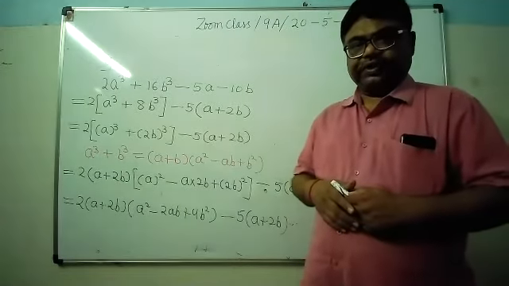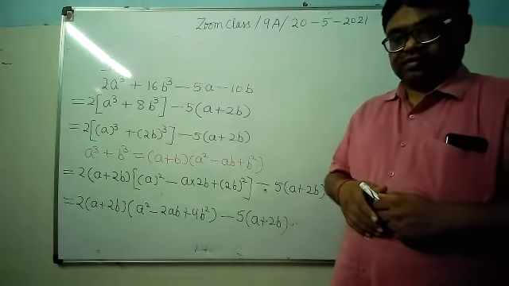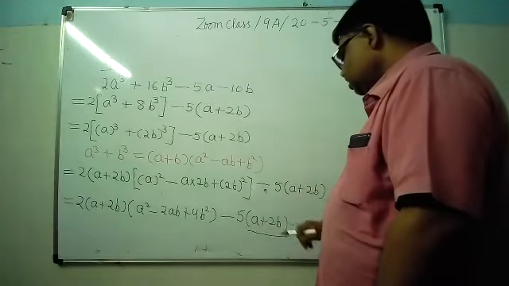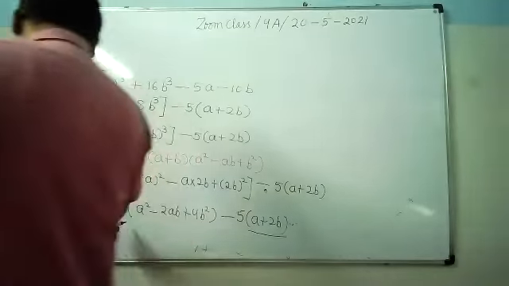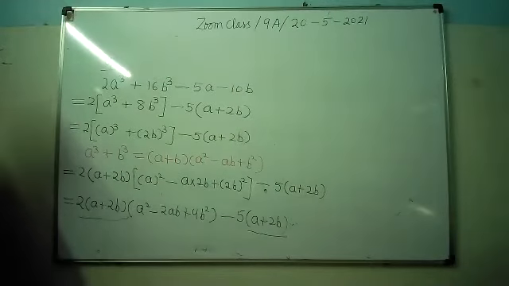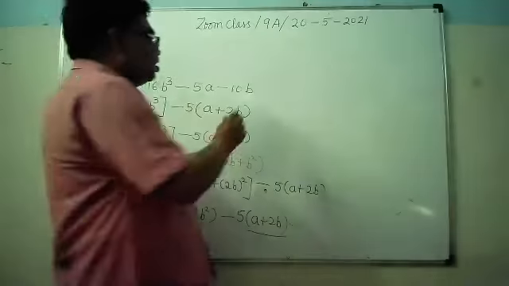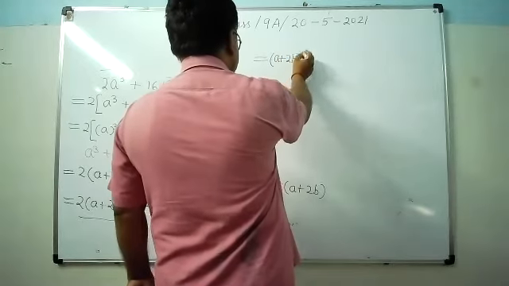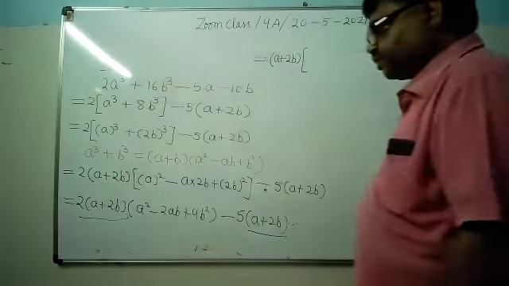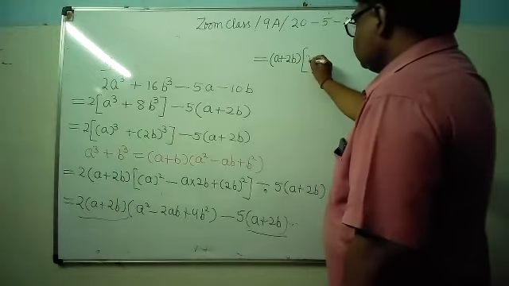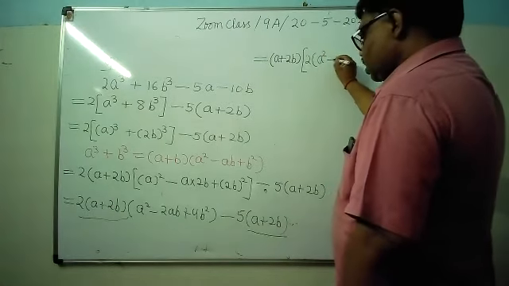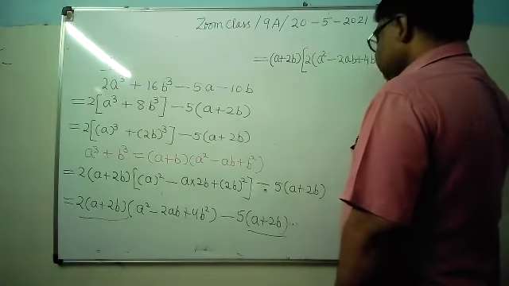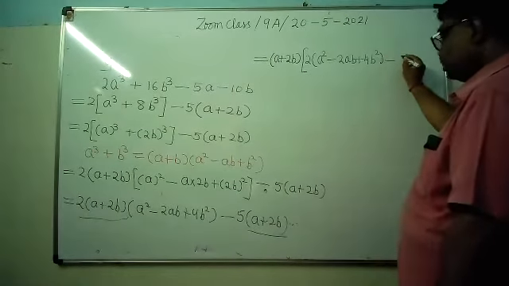You can see here a plus 2b is here as well as here. So a plus 2b is common. When you take out a plus 2b, this is 2, a square minus 2ab plus 4b square, minus 5.